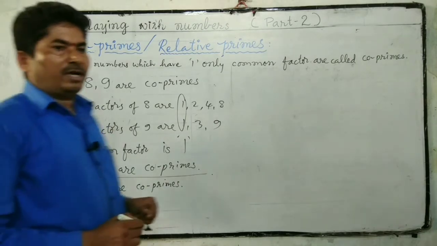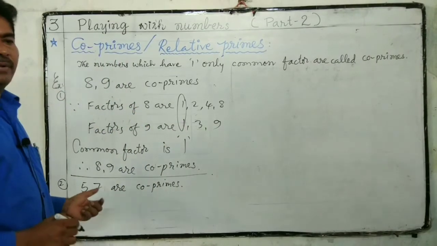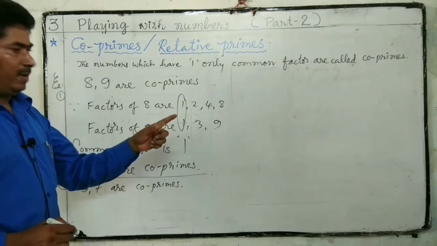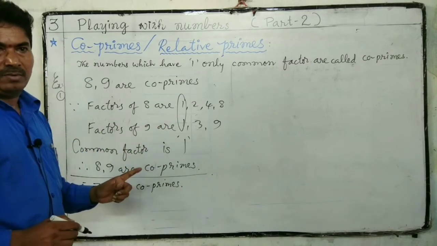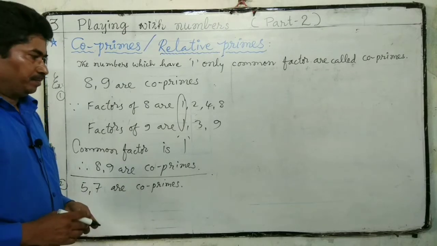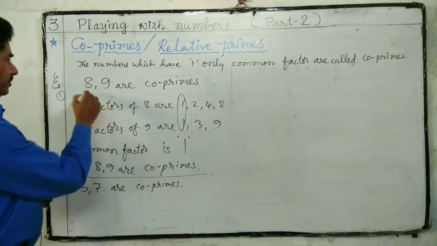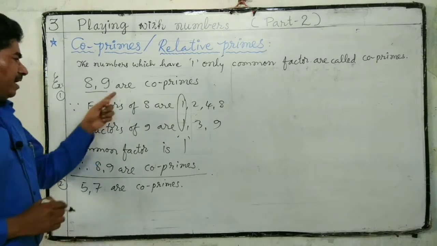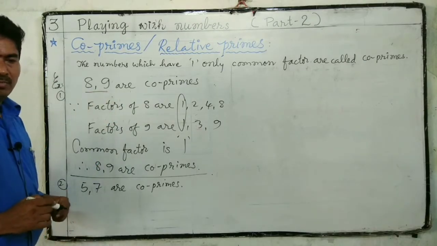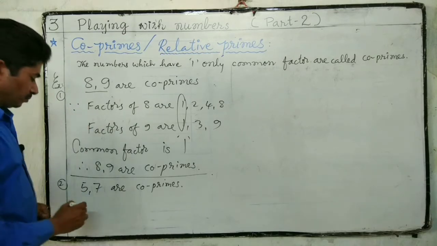All primes have only one common factor, so that's why all primes are co-primes. But all co-primes may or may not be primes. The best example is here only. 8 and 9 are co-primes, but they aren't primes.